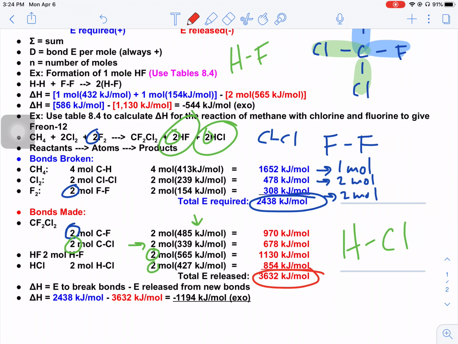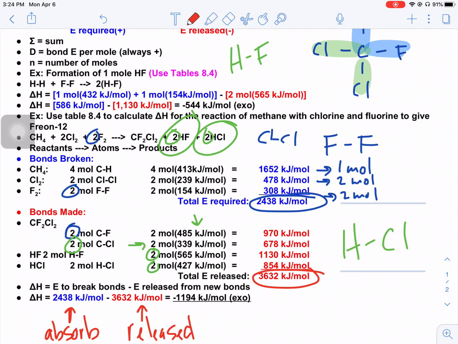So everything in blue, this is the energy that it's taking to break all these bonds. But when we make new bonds on the right side of the arrow, we're releasing energy. So this is the total amount of energy that's being absorbed by breaking bonds. This is the total amount of energy that's released when new bonds are formed.